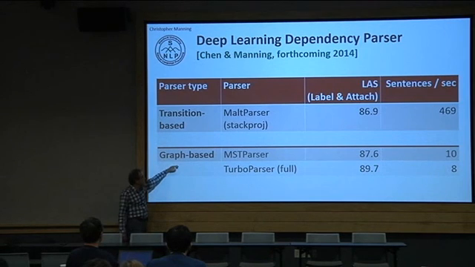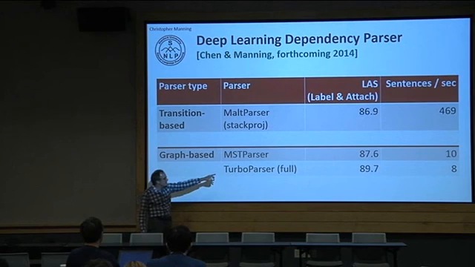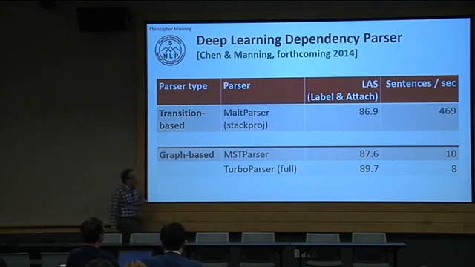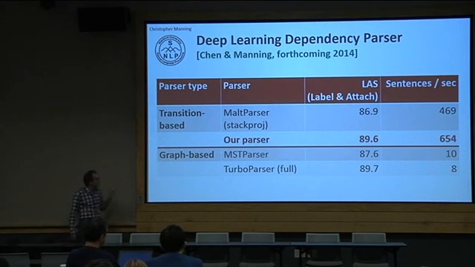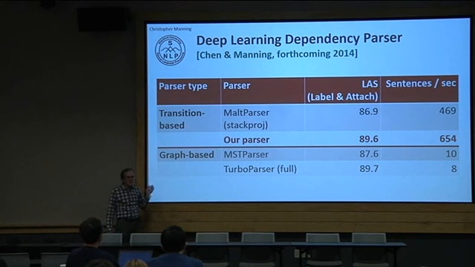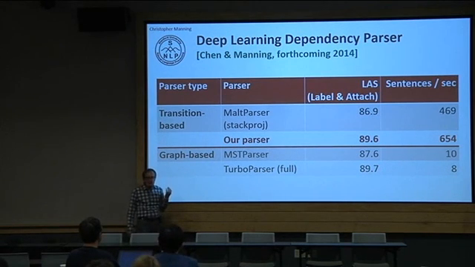There are then graph-based parsers, which are minimal spanning tree style algorithms, which have tended to work a little bit better, but have tended to work about 2 orders of magnitude more slowly. So the wonderful thing with this parser is you can have a transition-based parser that works basically as well as the best-known graph-based parser, but it works not only with the speed of a transition-based parser, it actually works faster than most transition-based parsers.